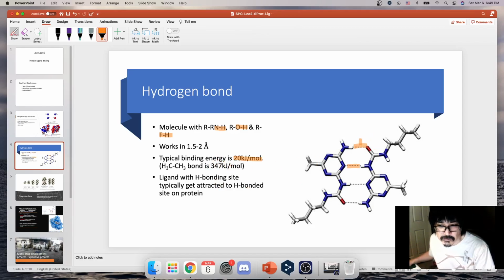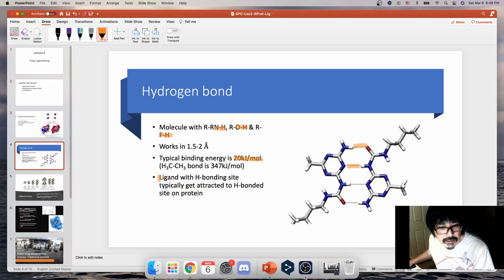But if you were to break one of these hydrogen bonds, it only costs us 20 kilojoule. So it's like 1/17 of the carbon-carbon covalent bond. But still, if we are talking about intermolecular force only, the hydrogen bond is one of the strong forces in intermolecular interactions.